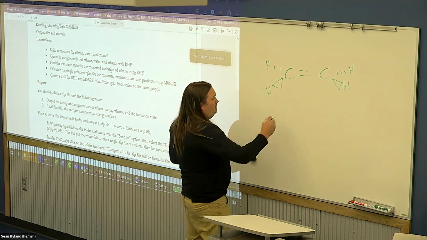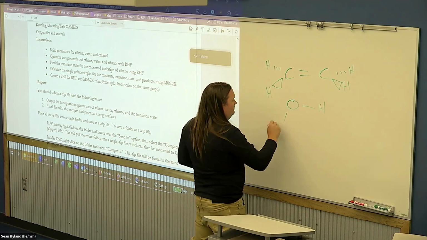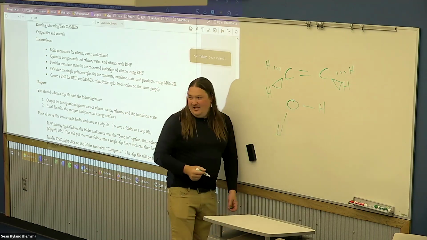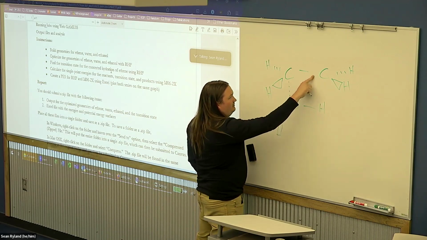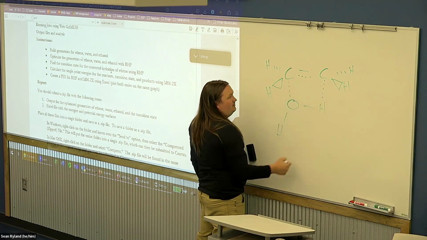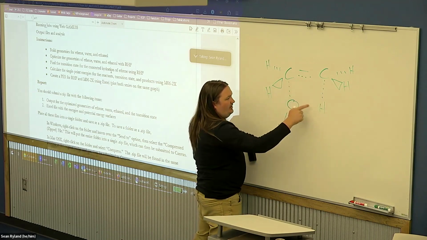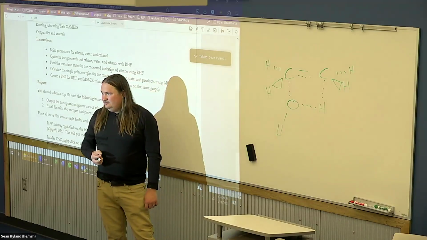But here we're going to calculate what the energy looks like for the concerted state, where we're looking at the transition state, where this pi bond is breaking, and we're making bonds and breaking bonds simultaneously.